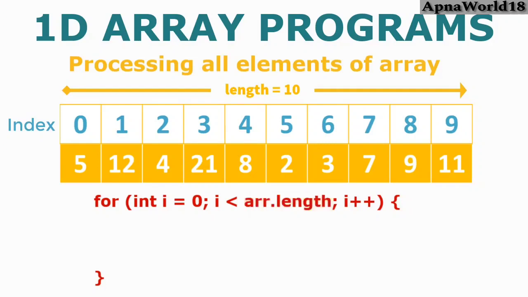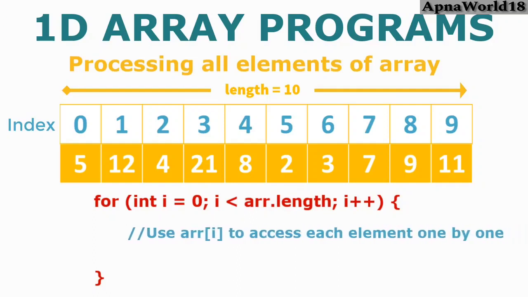Now in this loop, we can access array elements by using i as the index. Since the index is changing from 0 to array length minus 1, we effectively traverse through all elements of the array. So now we will use this template to answer different array questions.